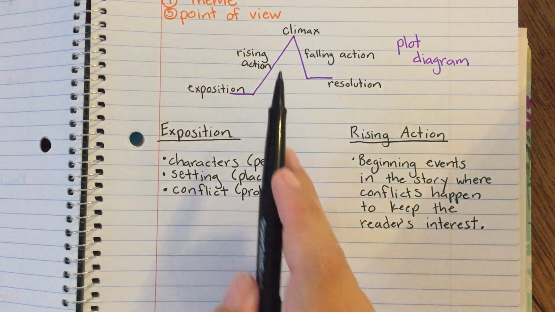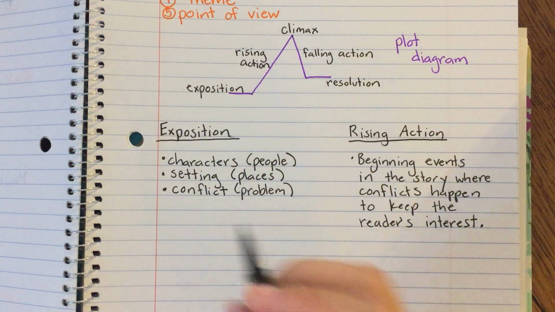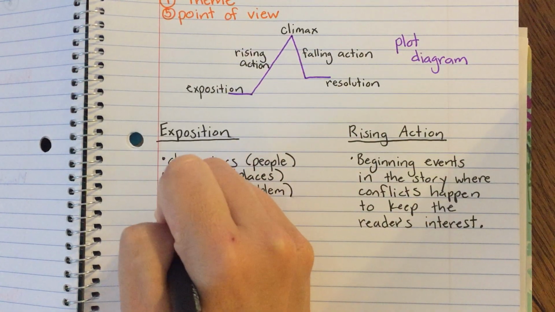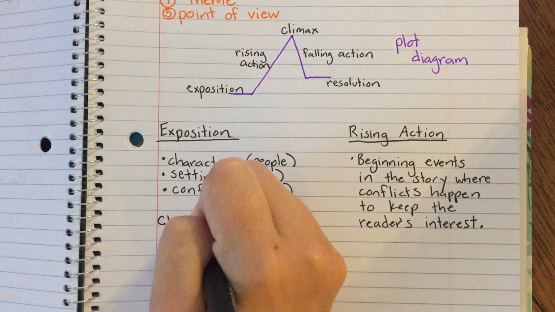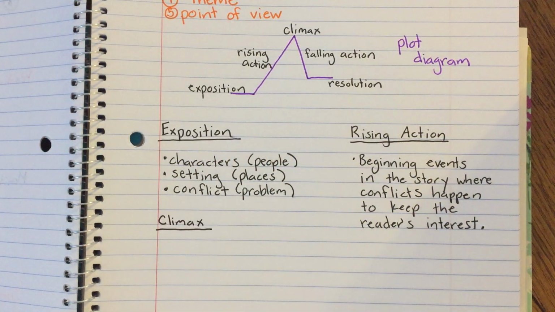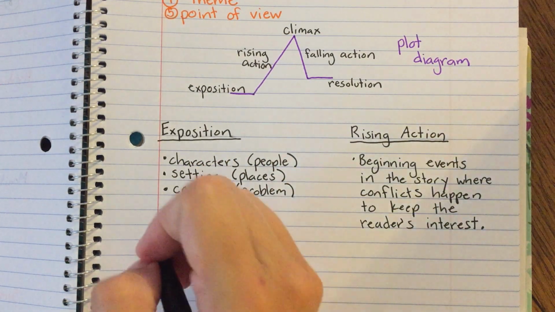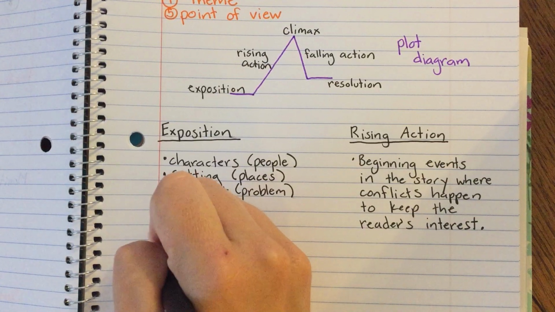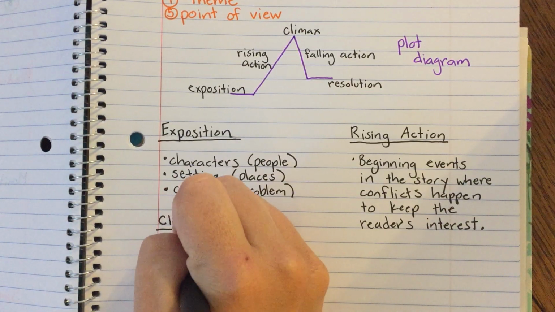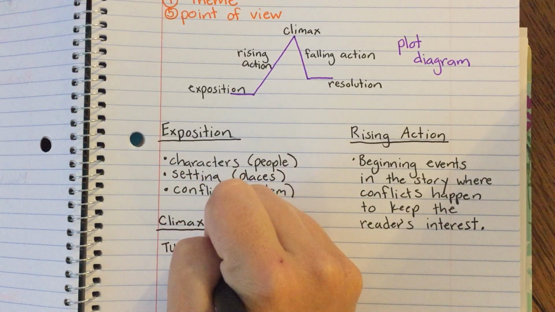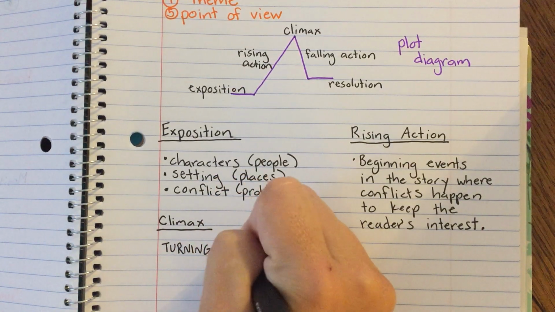So then we get to the tip top. We call this the climax. In our story, this is a turning point. I'm going to use capital letters for that. Turning point.